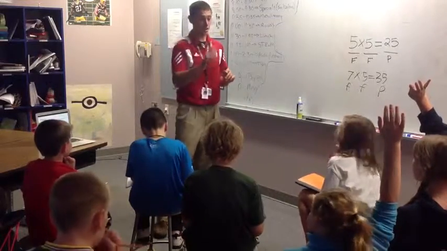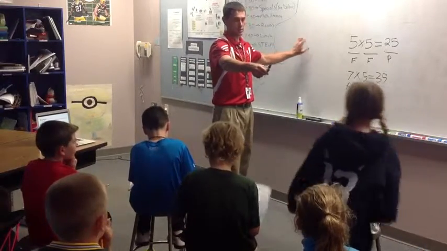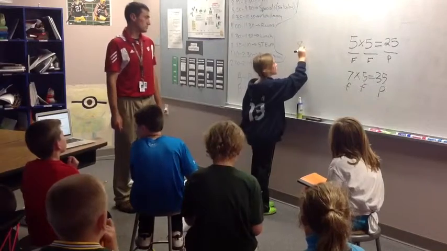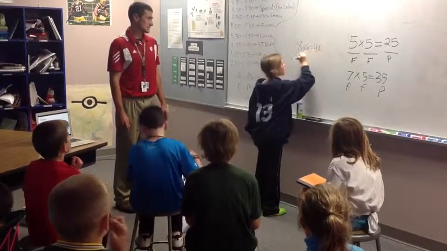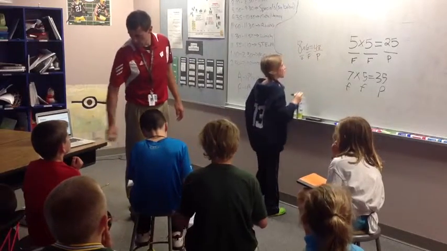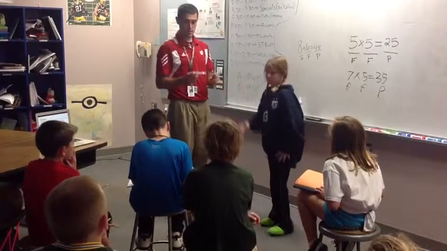How many marbles are there in 6 boxes? Come on up. And why don't you write yours over here in this area. All right. Thumbs up, thumbs down, thumbs in the middle.